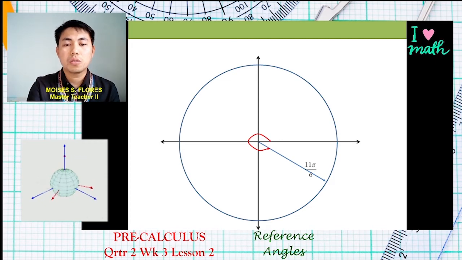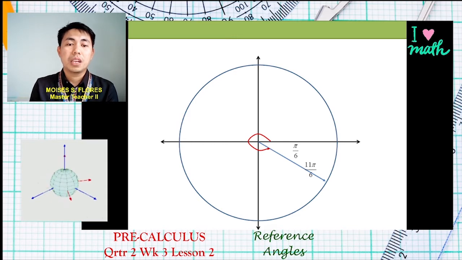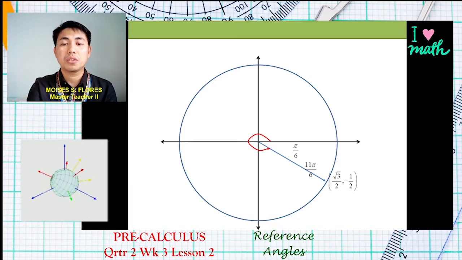So in this example, our reference angle is pi over 6, and the angle is in quadrant 4 in the counterclockwise direction. Recall from our unit circle the coordinates: square root of 3 over 2 and negative 1/2.